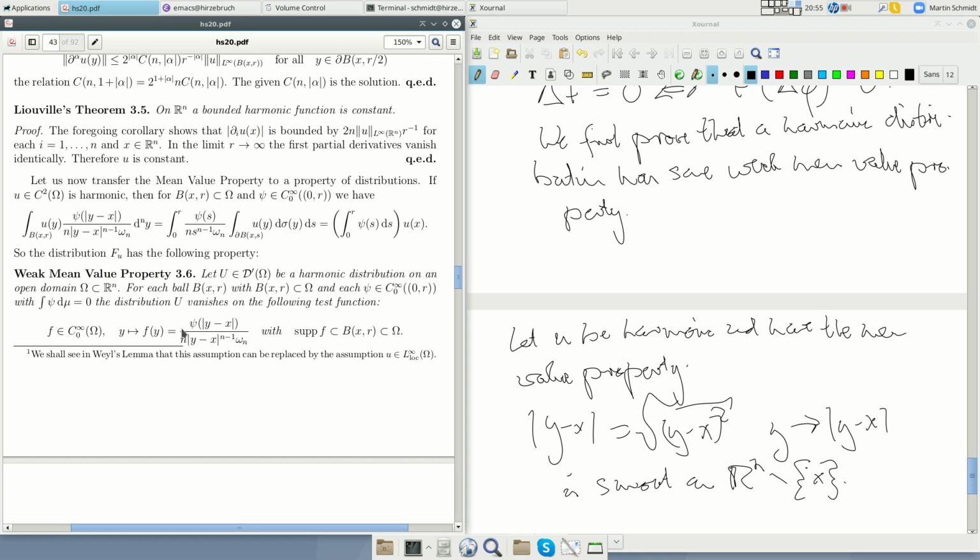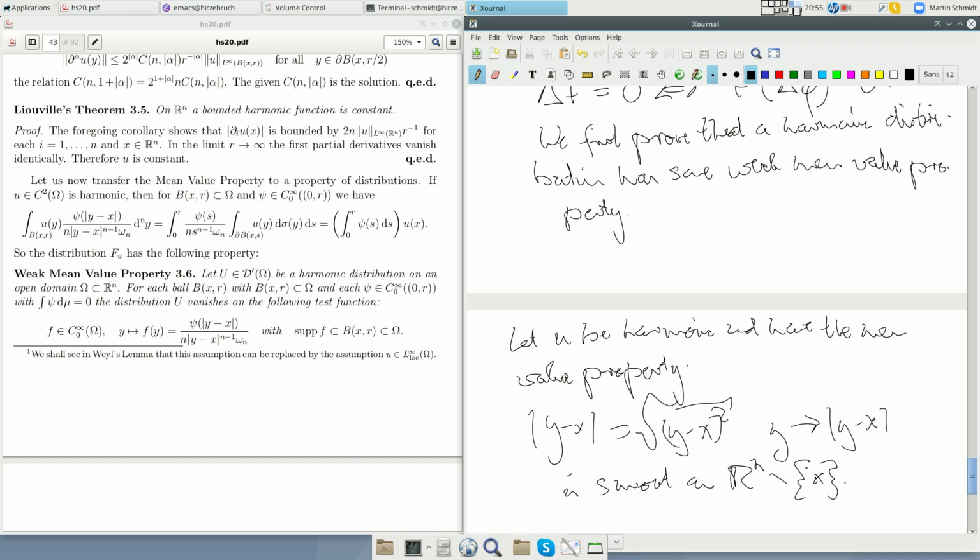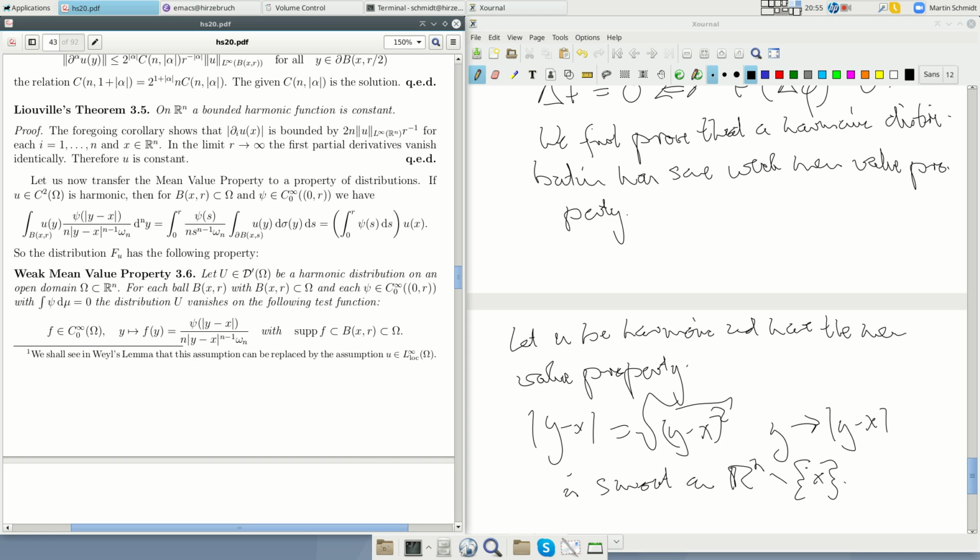And since psi is smooth, everything here is smooth. Since this support must not contain 0, this means psi at 0 vanishes. So in the neighborhood of 0 it vanishes, and so we have no problem at this point. So it's really smooth. So this shows that this is really a smooth function.